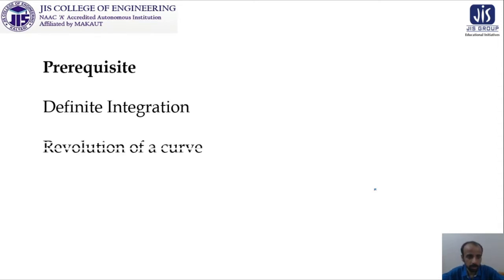We also need the idea of revolution of a curve, which I stated in the last class. I have tried my best to make you understand the physical interpretation of revolution of a curve, how it revolves, with respect to which axis we have to consider, what variations we have to consider, and other things.